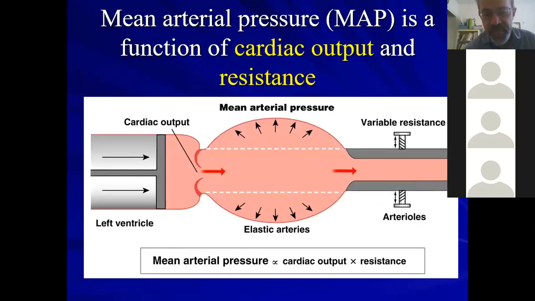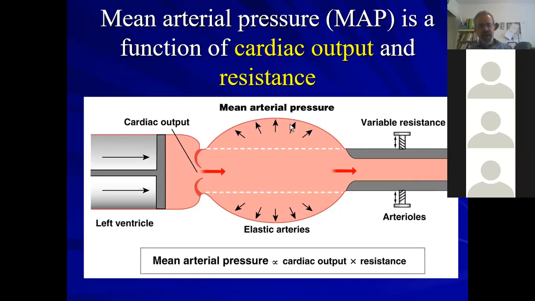All right. So let's talk a little bit more about pressure, and just some terms that I think are discussed in one of the PhysioX exercises. But anyway, whenever we talk about pressure inside an artery, another way we can describe it is mean arterial pressure.